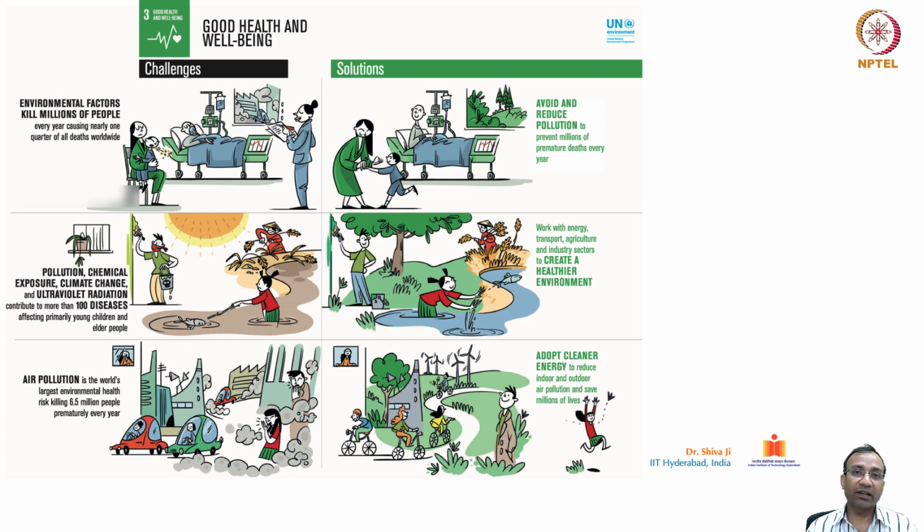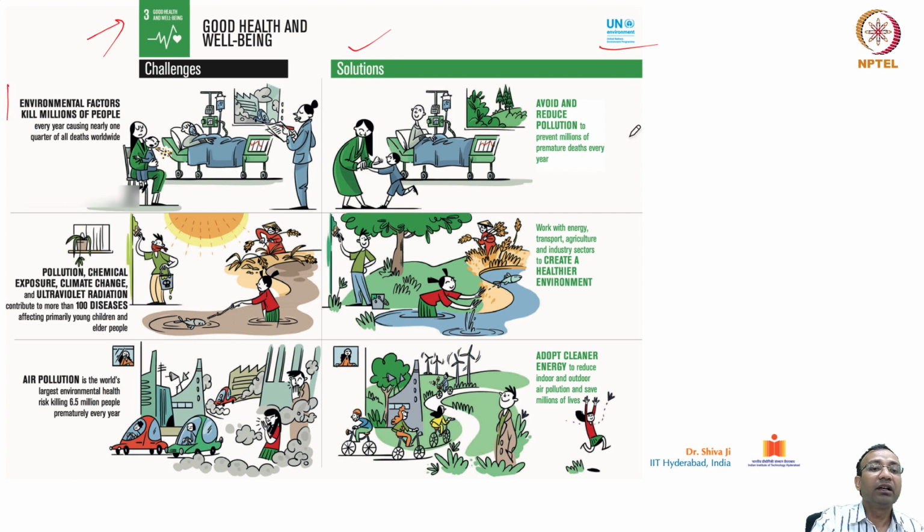What are the challenges at your place with respect to SDG 3 for maintaining good health and well-being of the people and the communities? What are the bottlenecks, what are the roadblocks, and what are the solutions you can think of? Okay, so UN Environment has listed these three challenges and solutions, which are typical at most of the places across the world.